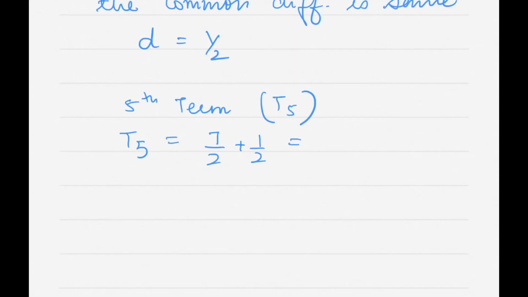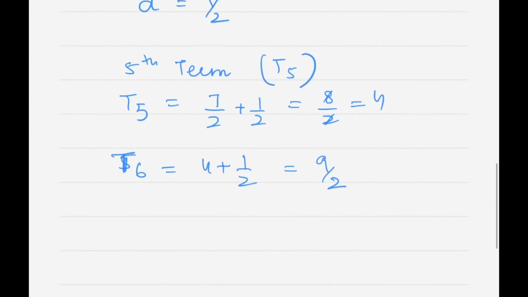So this is equal to 8 by 2, which is 4. T6 is equal to 4 plus half, so 4 and a half, which is equal to 9 by 2. Then T7 will be equal to 9 by 2 plus half, so 10 by 2, which gives me 5.